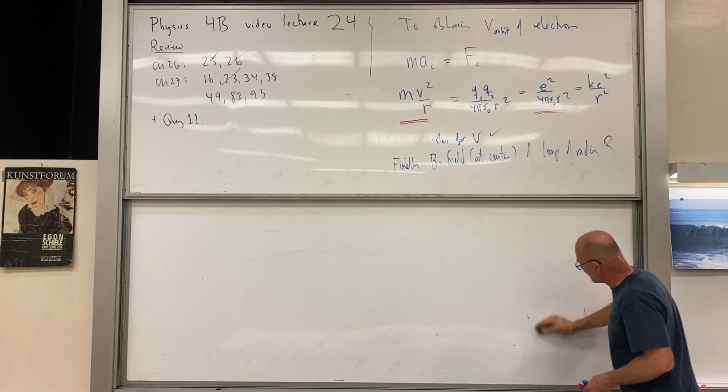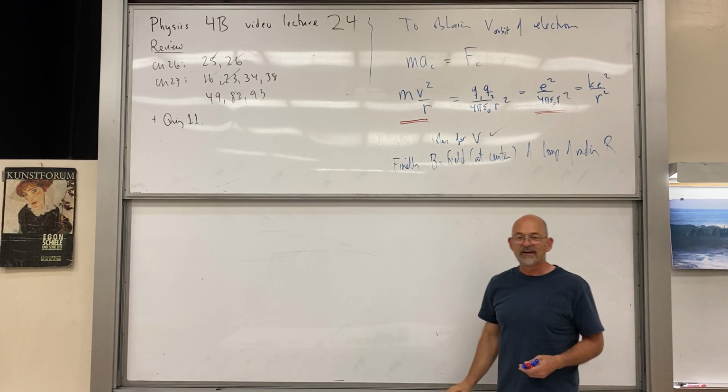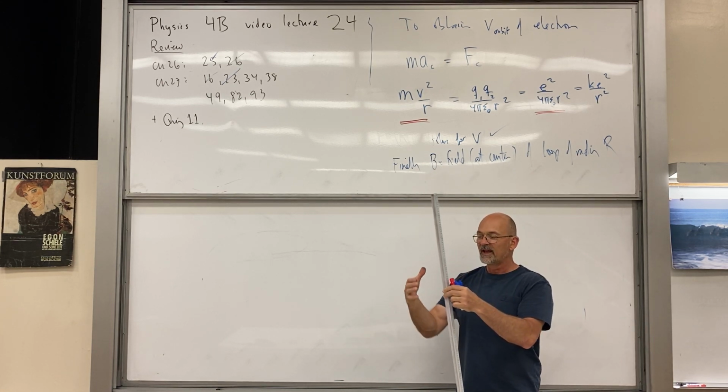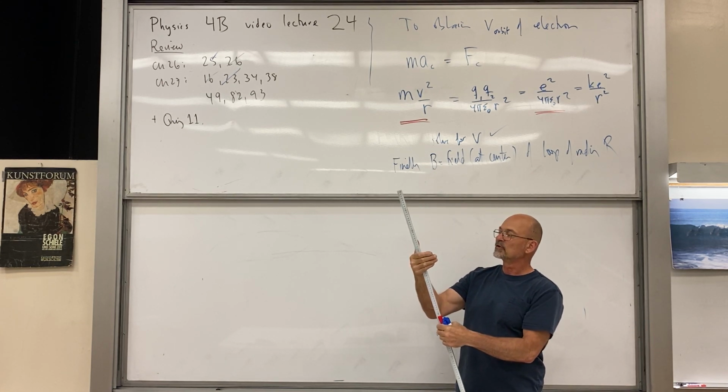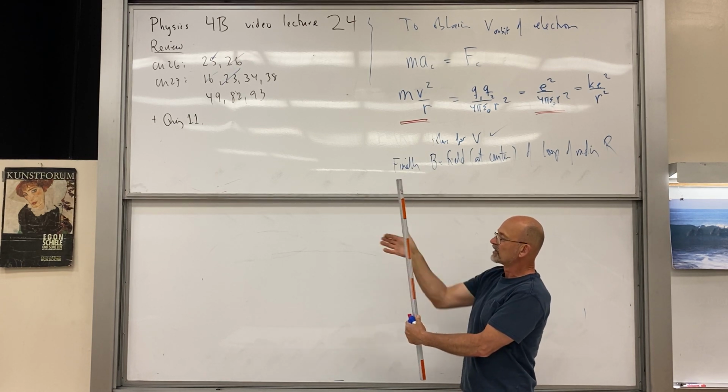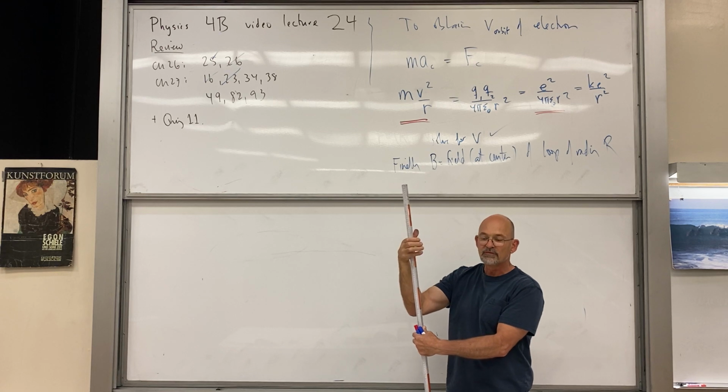Okay, now we're talking about the field of a wire, and we know the field of a long wire we get by wrapping our fingers around it. The current's in the direction of our thumb, and the field is these concentric circles in the direction of our fingers.